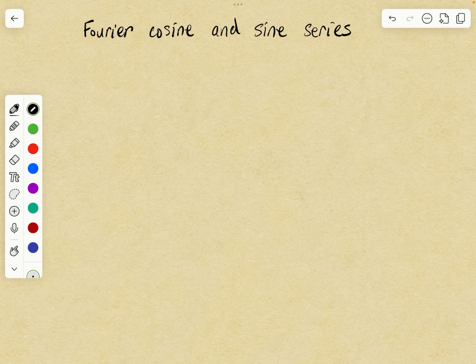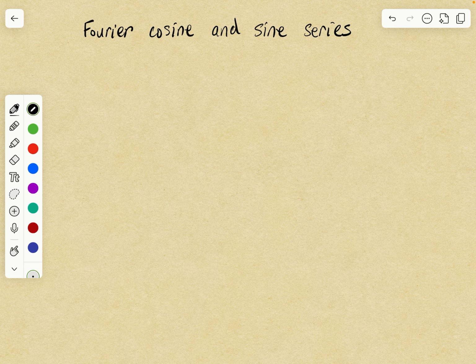In the last video, we talked about extending a function that's defined on the interval from 0 to t to a function that's defined from negative t to t. And we saw that we can make it periodic with period t, but we can also make it an even function with period 2t and an odd function with period 2t.